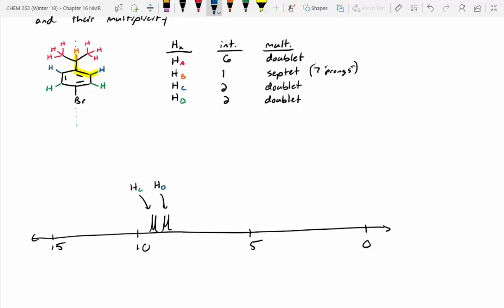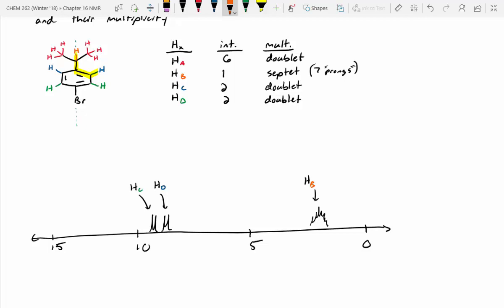All right, and then if we think about the remaining protons, we're missing a septet and a doublet. The septet will probably show up closer to 2. I'm not very good at drawing a septet, so I'm just going to draw this as what you call the mess. And we know that this must be HB.